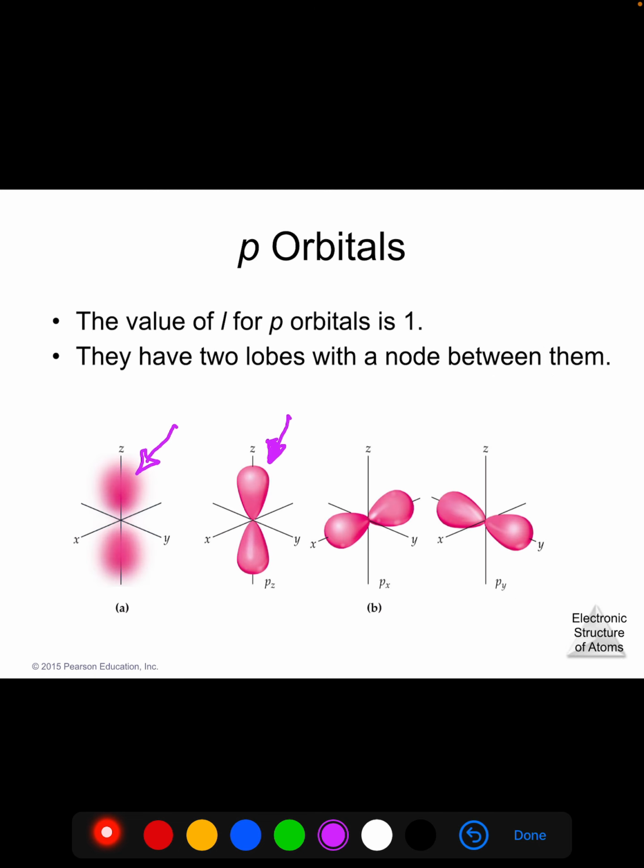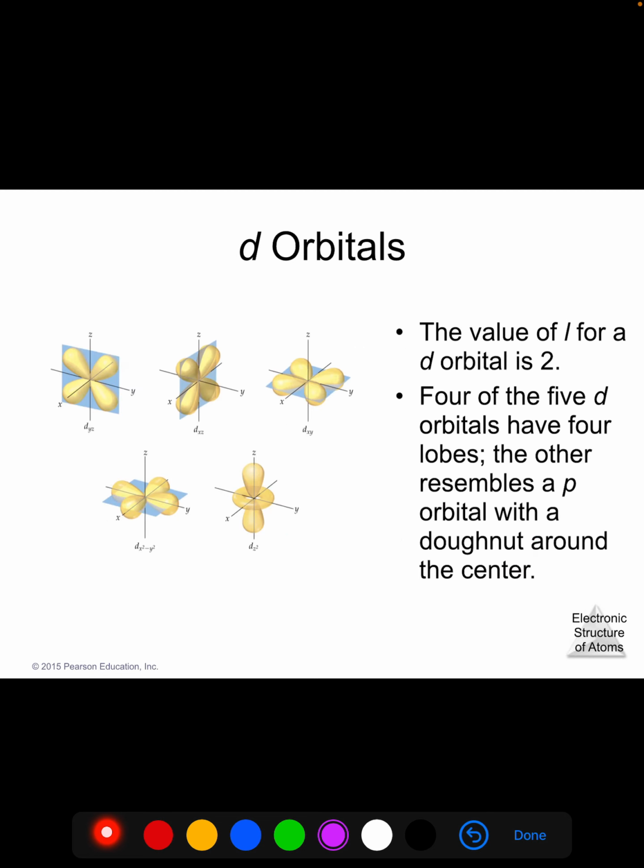The d orbitals now start to put things into the planes instead of along the axes, okay? I can't really draw it, but here it is in this one. And so as we get bigger, we can start to accommodate more electrons in these d orbitals. 4 of the 5 are in the planes.